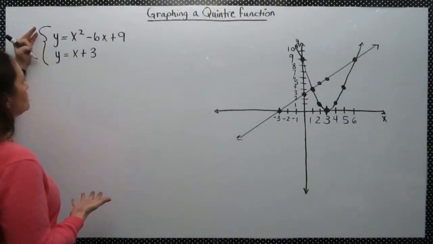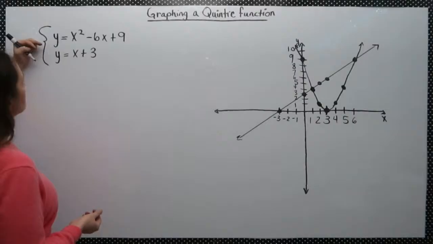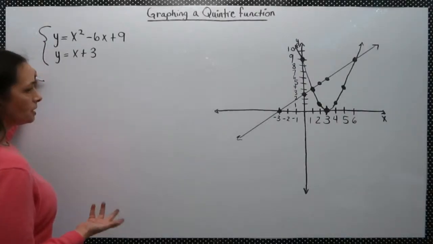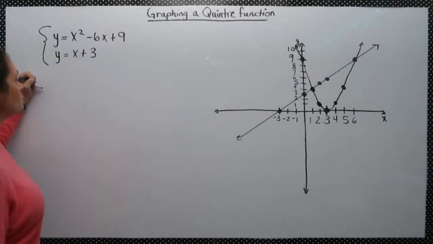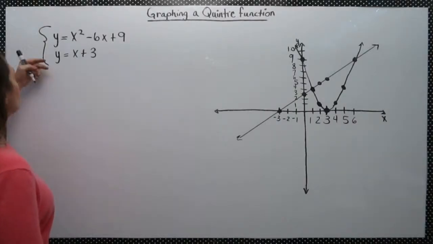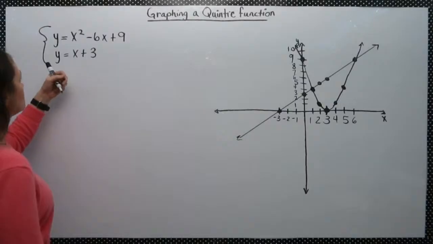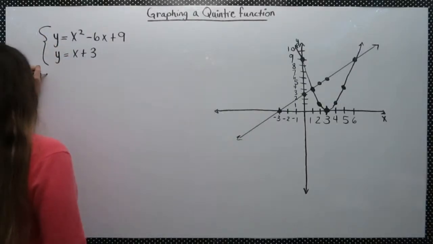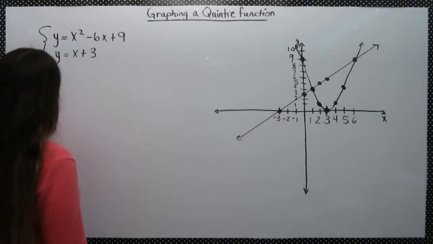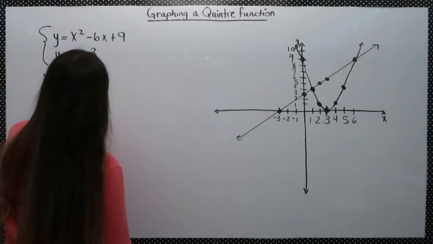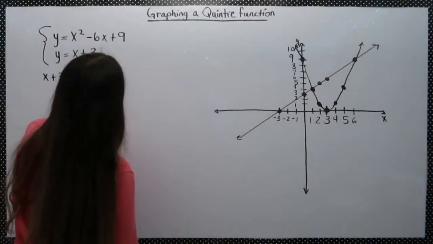Since they're already set equal to y, and the easiest thing it looks like for me to do would be, well, if they're both equal to y, then I can set them equal to each other. And so that's kind of what I would do. x plus 3 equals x squared minus 6x plus 9.